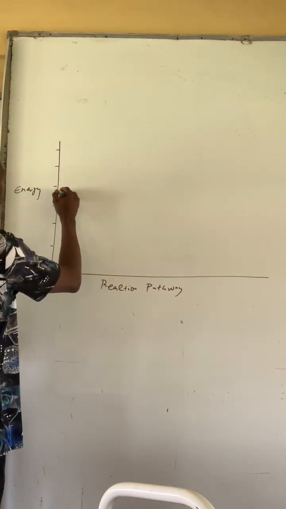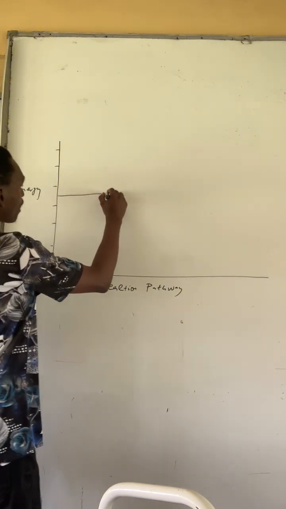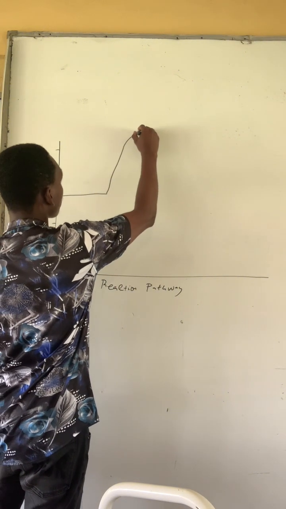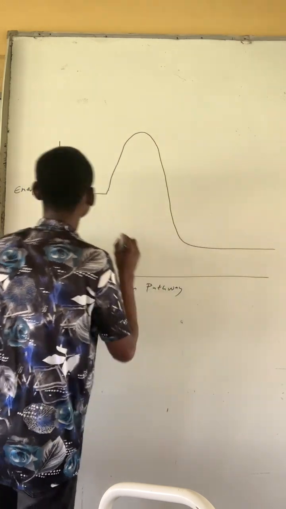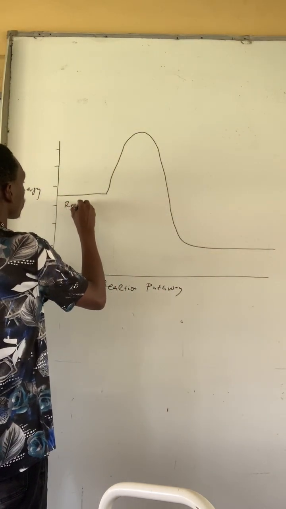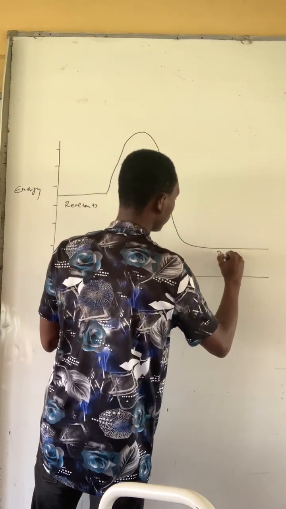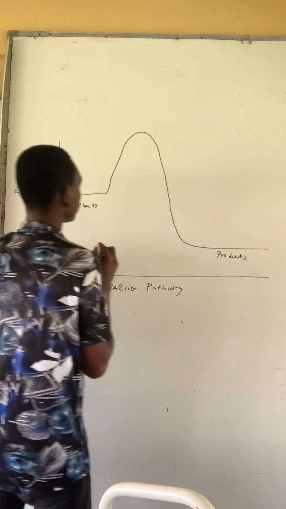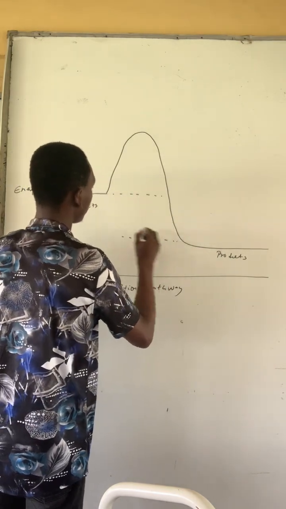So if our reactant starts from this part, during the reaction it moves to a particular peak, and then it comes down to a lower part. So here is the reactant and here is the product. The difference between these two is negative.